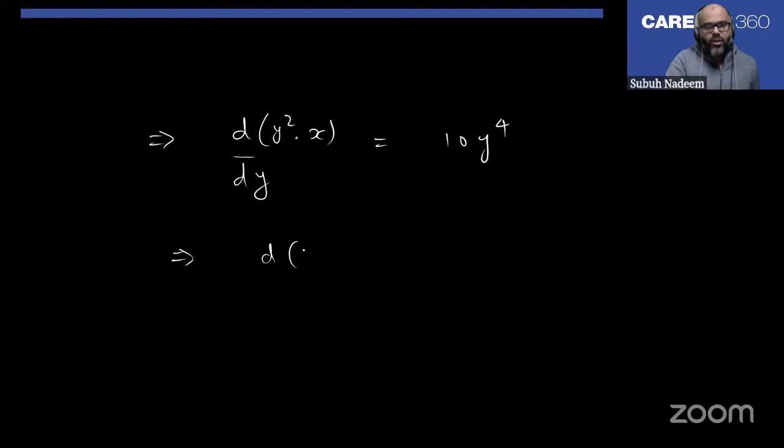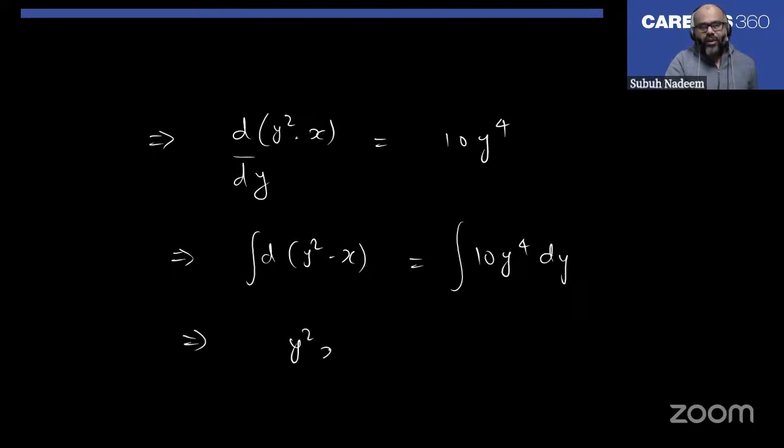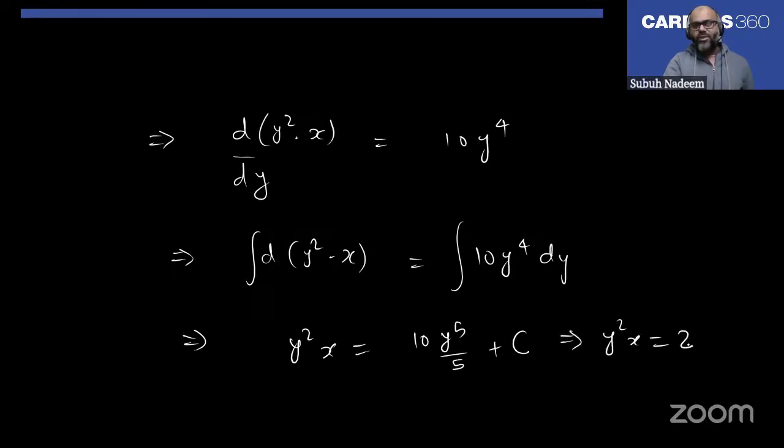So this will become d of (y square x) is equal to 10y to the power 4 dy. Integrate both the sides, you will get y square x is equal to 10y to the power 5 by 5 after integration plus c. So what you get is y square x is equal to 2y to the power 5 plus c.